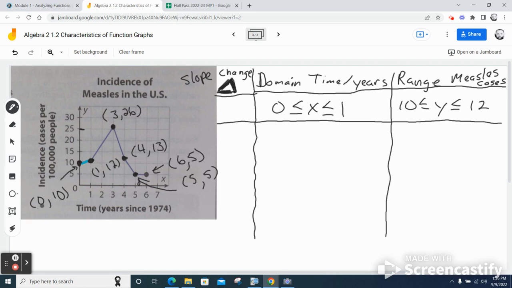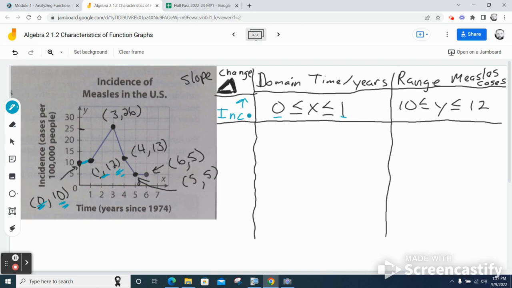So this is the x value to the x value, that's 0 to 1. Then we look at the corresponding y values, 10 to 12. So when I look at the y values and I'm going from 10 to 12, what do you notice about those numbers? They're increasing. There is a difference, they've increased. So I want you to write INC for increasing and then draw a little arrow up.